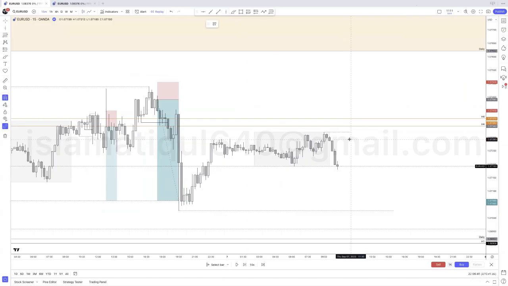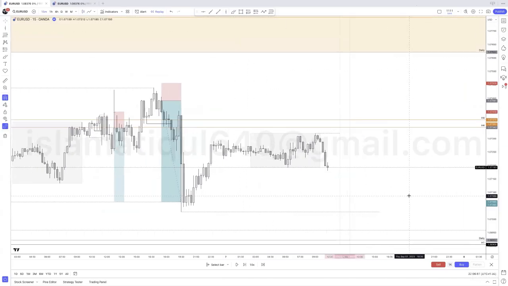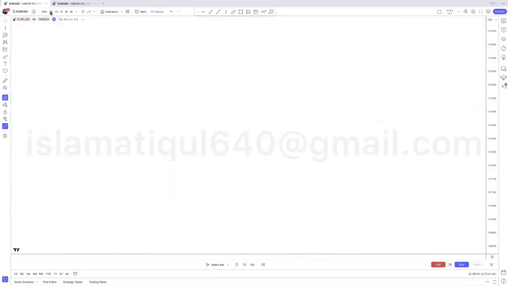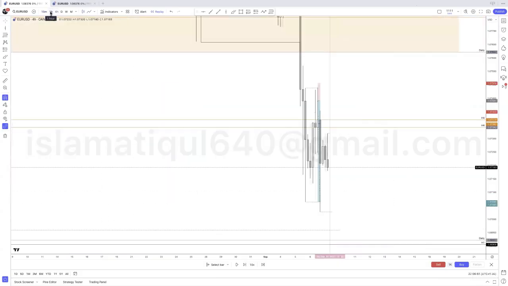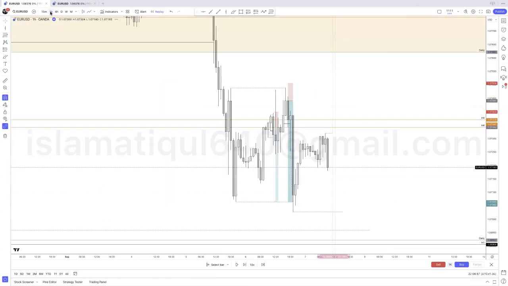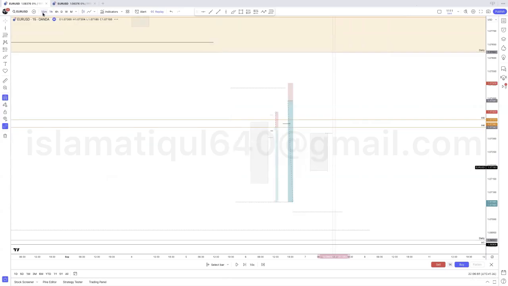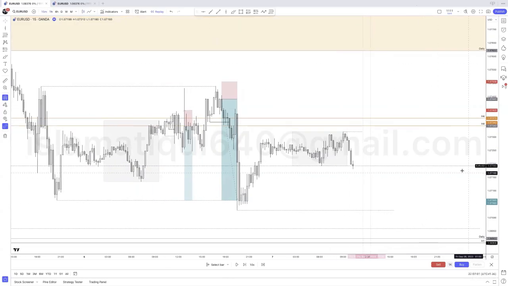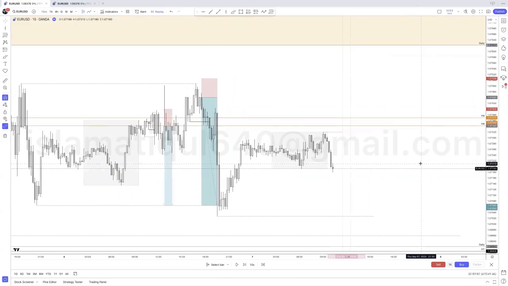See that? So London might give us a good sweep. Yeah, the 4 hour level is broken. We have that confirmation entry as well.